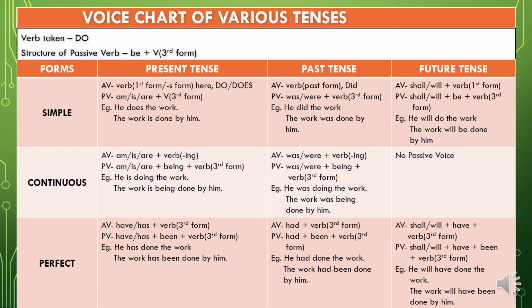And if we have to change it to the passive form, it will become shall or will plus have plus been plus verb past participle form. So it will become the work will have been done by him. Clear, I think, this point? As I already told you, it is better for you to note down this voice chart. Okay, now let us come to the next slide.